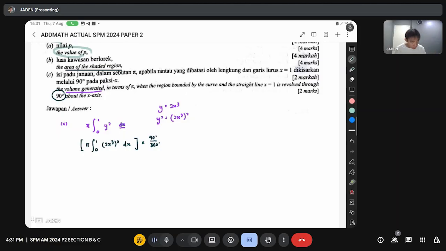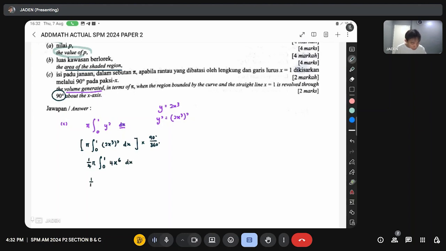So you can take this 1 over 4, write it down here, 1 over 4 followed by the pi, and then you start your integration job. So 0 to 1, you expand this out, 2 squared is 4 followed by x power 6 dx.